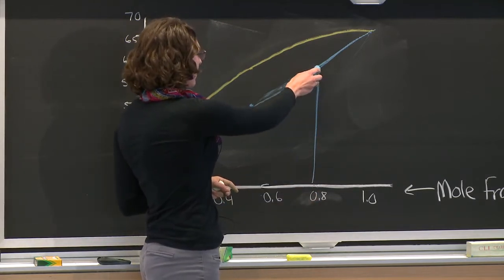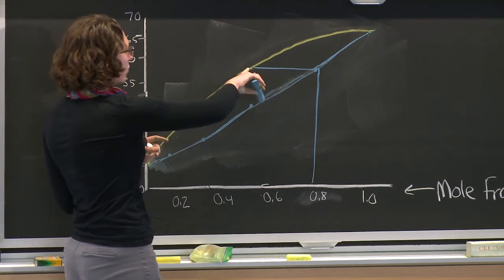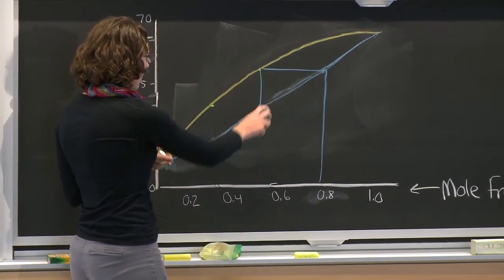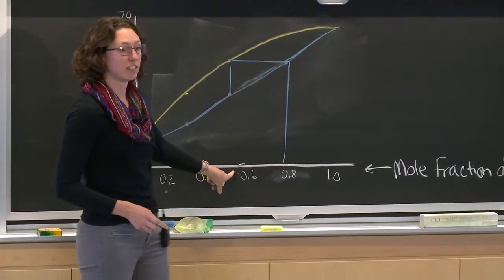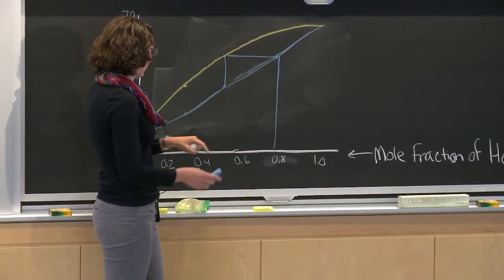If we heat it up to 65, cool that vapor down, and recondense it to a liquid phase, now our mole fraction of hexane is about half. So we've purified our vapor.